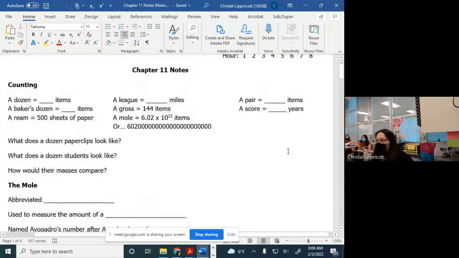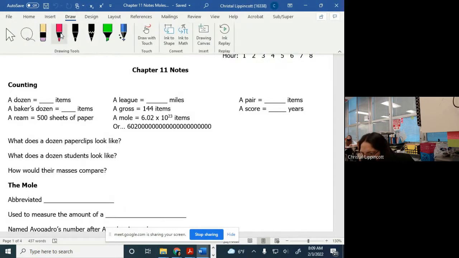So counting units. When we talk about this unit, this should be chapter 10. My apologies. When we're looking at this stuff, we're talking about something called a mole.